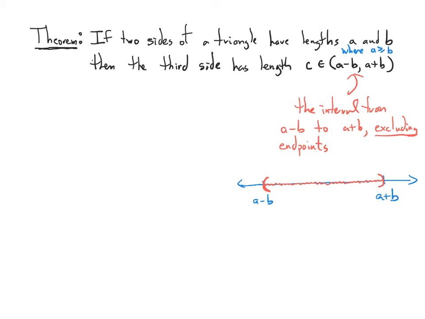There's another phrasing to this as well. I like this one because it's a little bit easier to draw, but your other phrasing is as follows. It's called the triangle inequality.